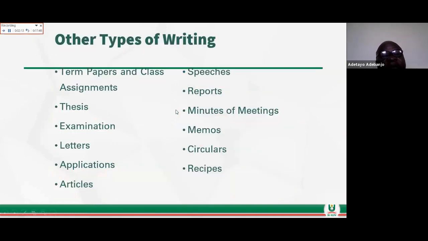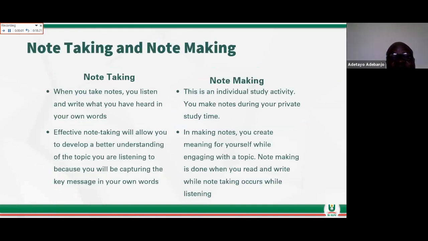Other types of writing include when you write a term paper in the class, assignments they gave you, projects, and writing for examination. You write letters, applications, articles, speeches, reports, minutes of a meeting, memos, circulars, and so many. Those are other means of writing.